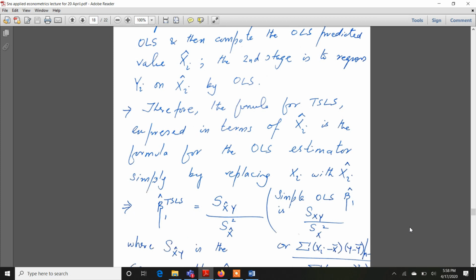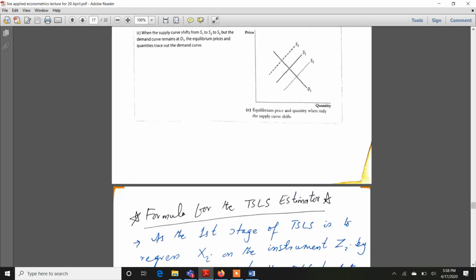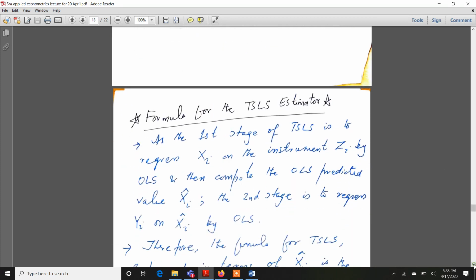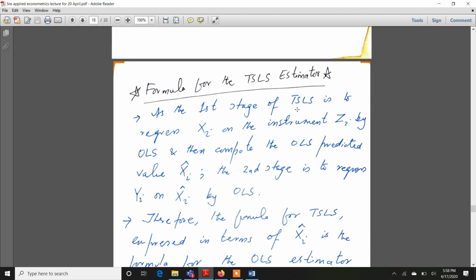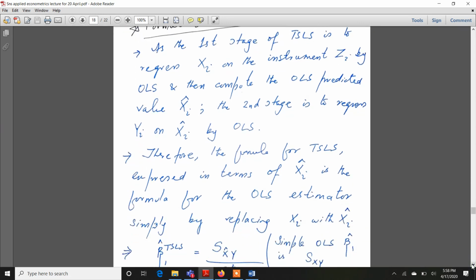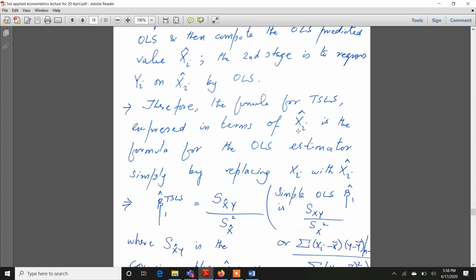Next we have the formula for the two-stage least squares, or TSLS, estimator. The first stage of TSLS is to regress xi on the instrument zi and then compute the OLS predicted value xi hat. The second stage is to regress yi on xi hat. Therefore, the formula for TSLS expressed in terms of xi hat is the covariance between x hat and y divided by the variance of x hat.